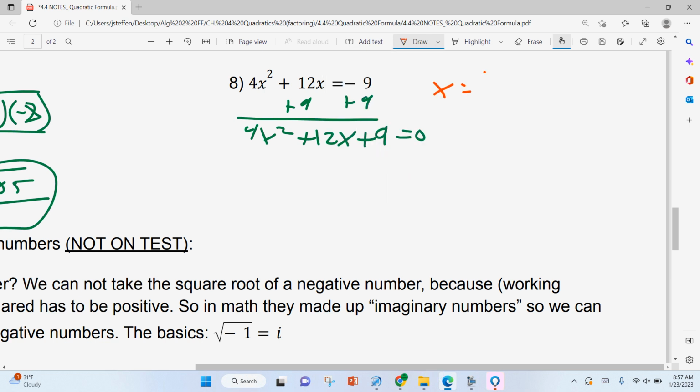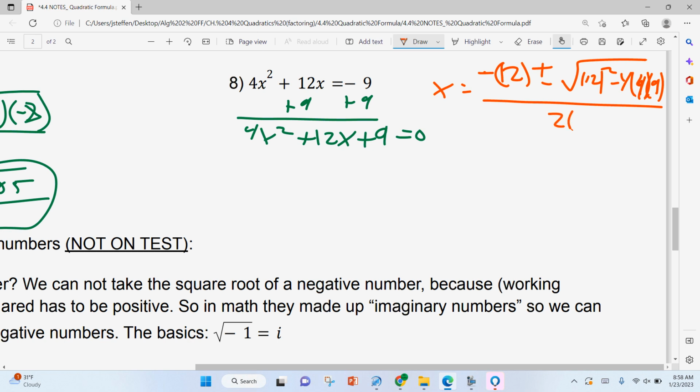So we have negative 12 plus or minus, I did it again, I'm not going to have enough space, 12 squared minus 4 times 4 times 9, over 2 times your a, which is 4. So negative 12 plus or minus, it's going to be over 8.